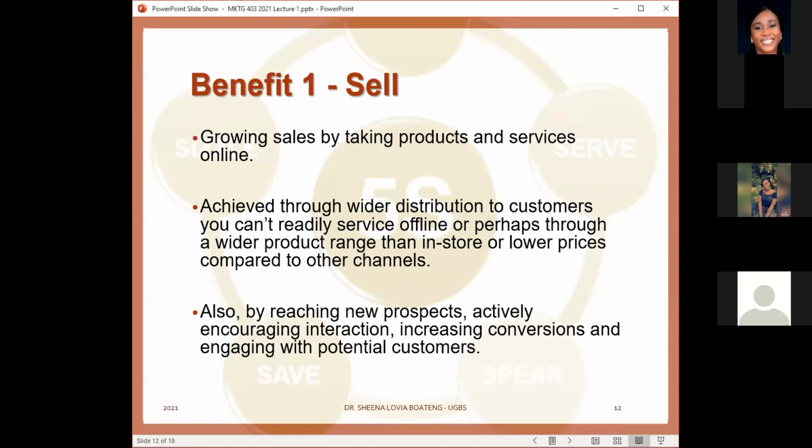But with the internet, the e-marketer can strategically position their advert in the face of the customer, sometimes targeting them based on their demographics and their lifestyle and their value choices. So by using all the various techniques that the internet affords us, like AI and marketing analytics, we can determine the pages that are frequently visited by these customers we are targeting and position our adverts on all these pages.